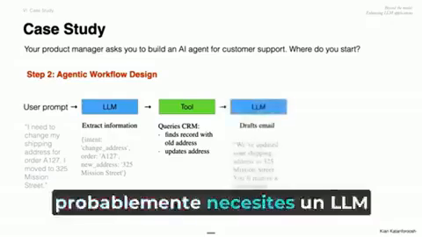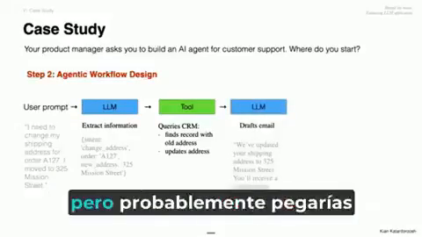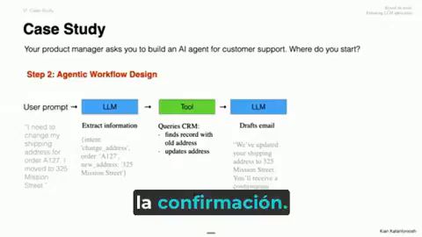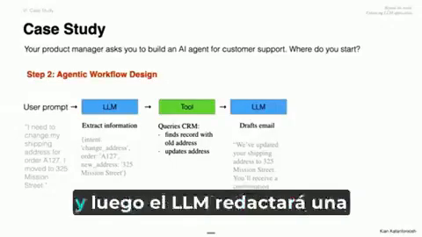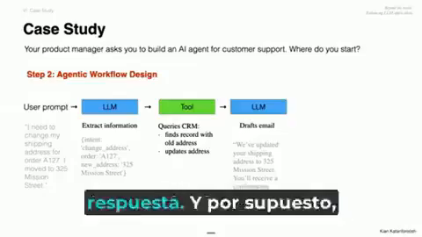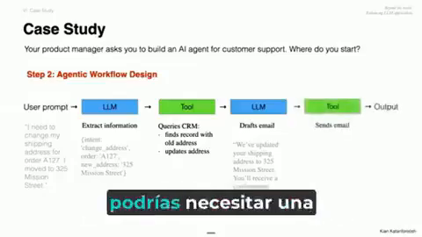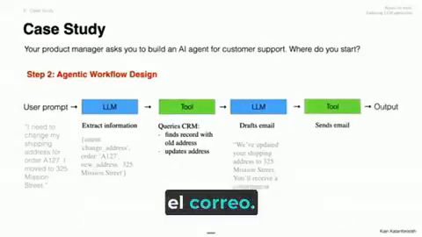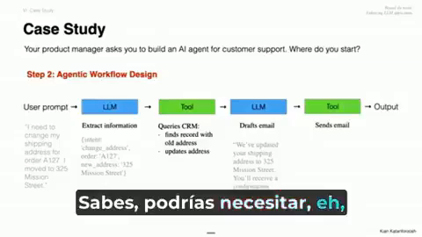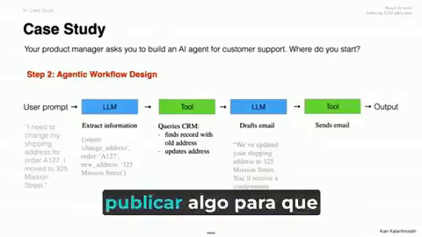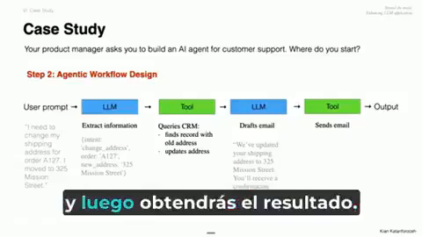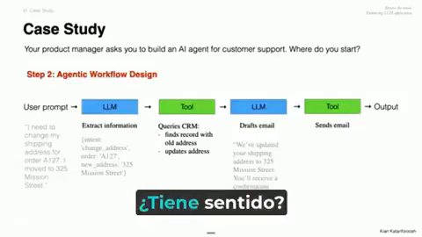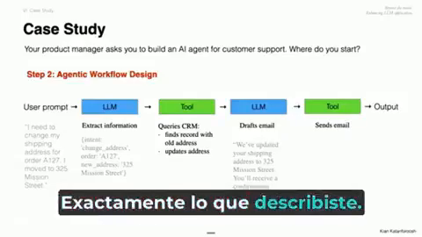After that, you probably need an LLM again to draft the email, but you would paste the confirmation that your address has been updated from X to Y, and then the LLM will draft an answer. And of course, just to not forget, you might need a tool to send the email. You might need to post something for the email to go out. And then you'll get the output. Does that make sense? So exactly what you described.